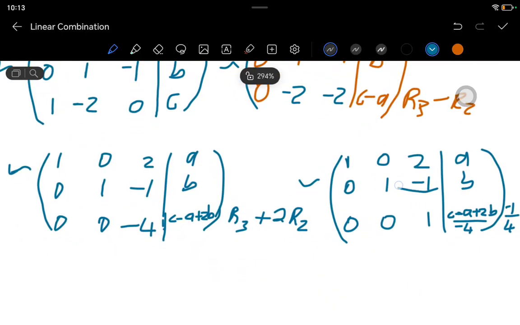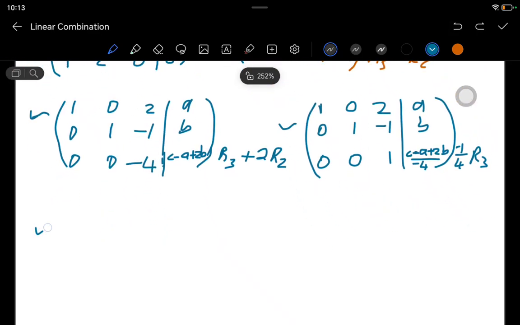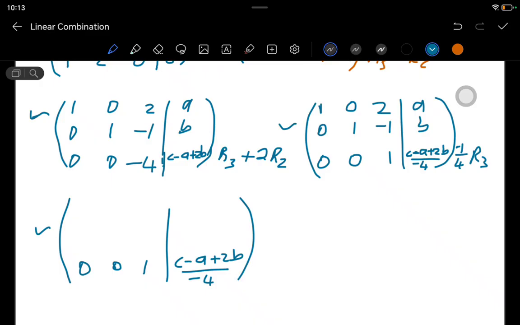And then let's change this to a 0, 0. Then 0, 0, 0, 1, C minus A plus 2B over minus 4. First change this to a 0. 0, 2, I'm going to add row 3. A 0, 1. I'm going to subtract 2 row 3. So this is just going to be 0, 1, 0.